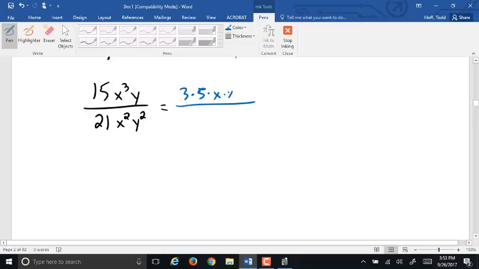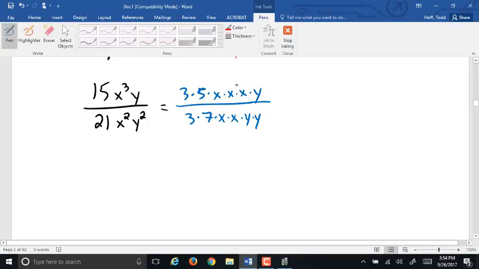X to the third is just x, x, x. And y is just y. 21 becomes 3 times 7. X squared is x times x. Y squared is y times y.